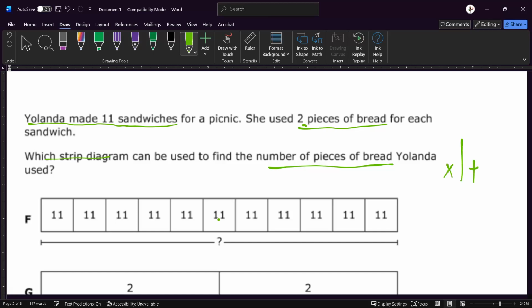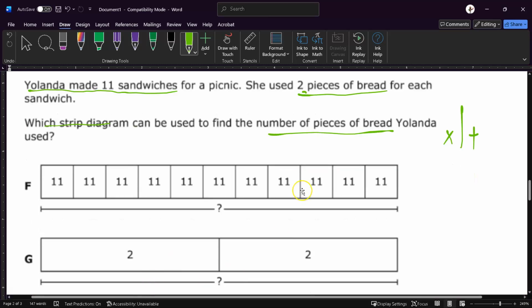So we would be multiplying or adding. But as you can see, it's a strip diagram, so it really doesn't matter which operation we're going to do. We just need to find a strip diagram that shows it. So let's think about this. We know we do not have a total.